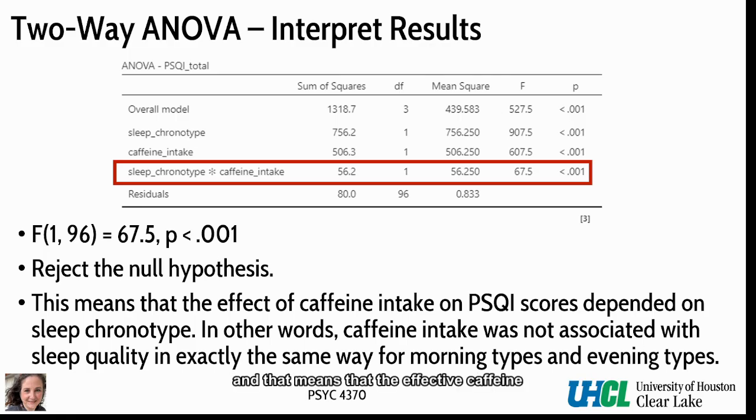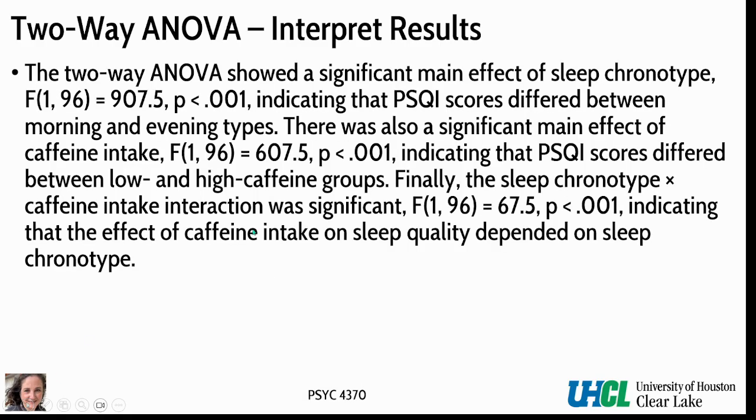And that means that the effect of caffeine on PSYC scores actually depended on sleep chronotype. So in other words, what that's telling us is caffeine intake was not associated with sleep quality in exactly the same way if a person was morning or evening chronotype. So there's an interaction between those 2 variables.